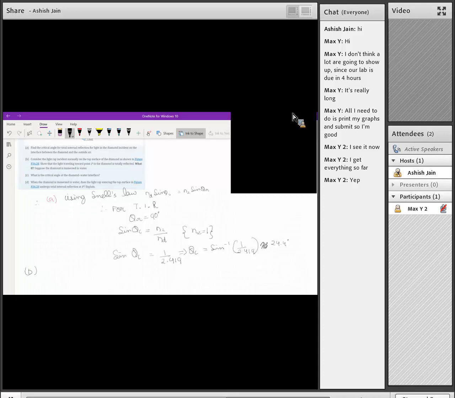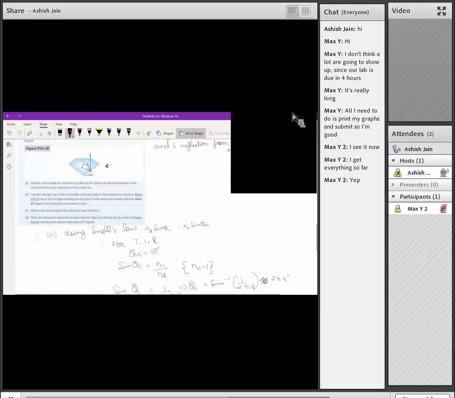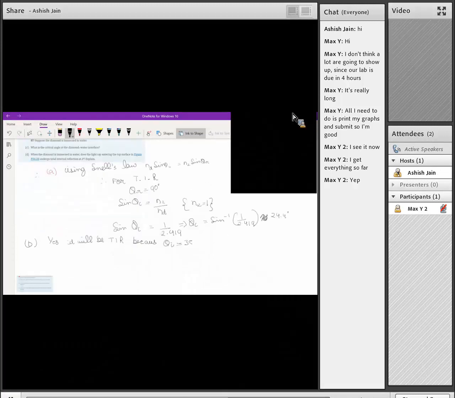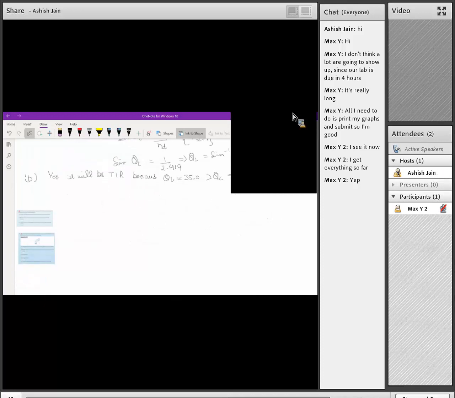So part B, yes, it will be totally internally reflected because theta I in the figure above is 35.0 degrees, which is greater than theta C, 24.4 degrees.